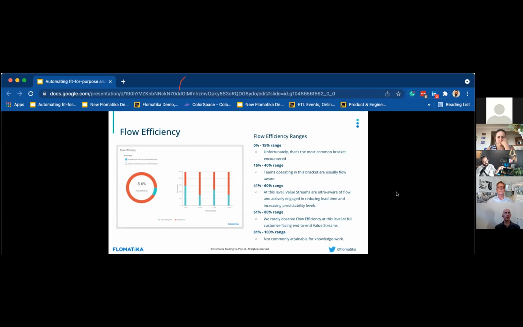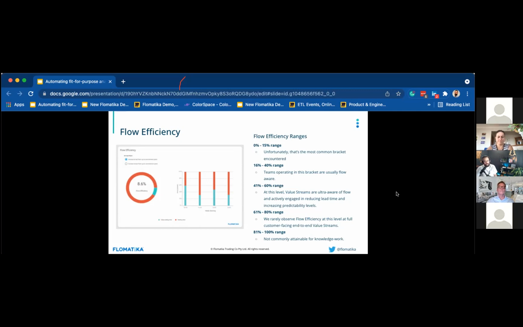We know that the delays come from the decisions that we take every day when we are doing our work. So they become more aware, and they start making better micro decisions every day, and those decisions start compounding. So they go up to a 40% range of flow efficiency.